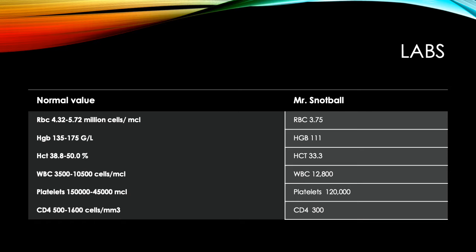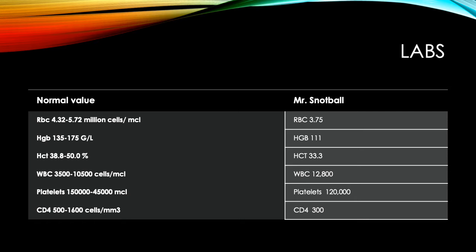We can see that his red blood cell count is lower than normal at 3.75, and his hemoglobin and hematocrit are both slightly decreased, hemoglobin being 111 and hematocrit being 33.3%, which would indicate he has possibly some anemia going on.